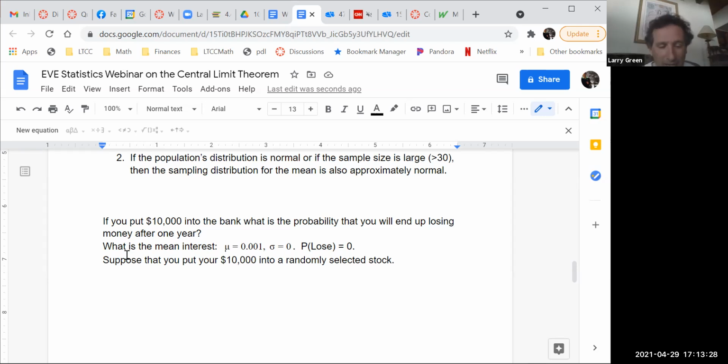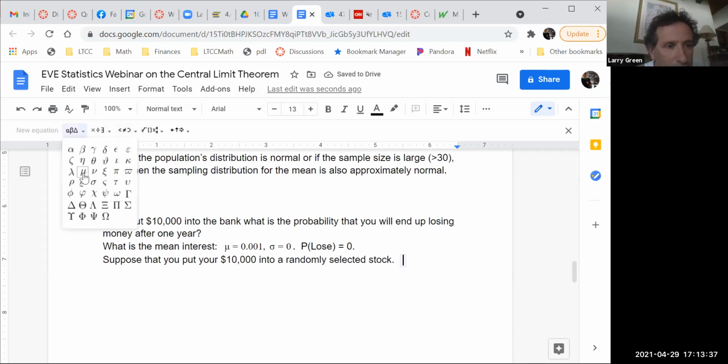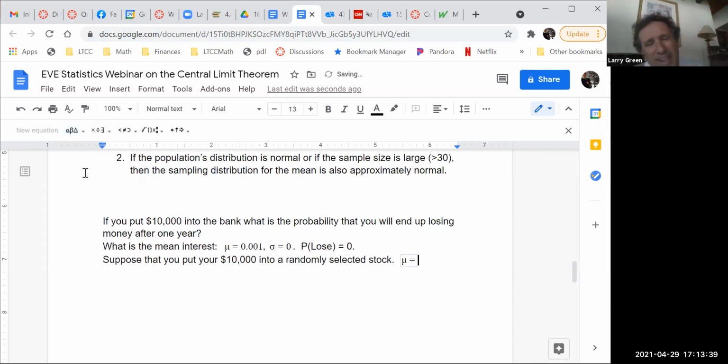No, definitely not. So the first thing is the mean. I'm going to just write this out. Mu depends on how many years you look, but I'm going to go 0.09 in terms of the percent. So 9%. Do you think the standard deviation is zero? No. Definitely not. Not all stocks behave the same.